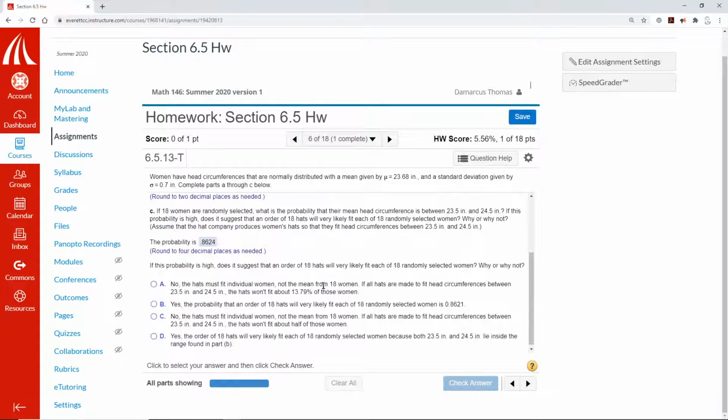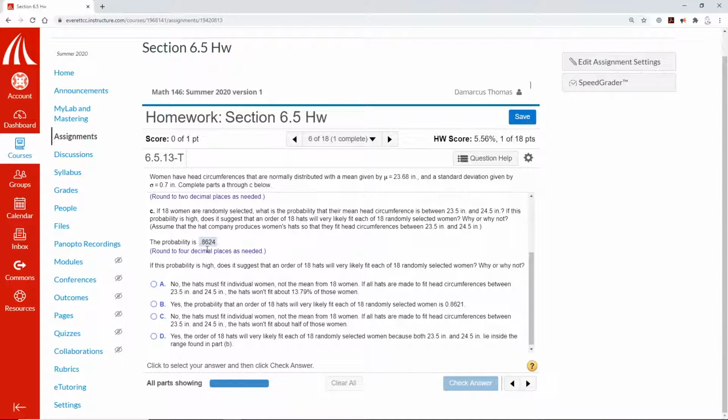And now we just interpret that question. This probability is really high. This is good. If this probability is high, does it suggest that an order of 18 hats will very likely fit each of the 18 randomly selected women?